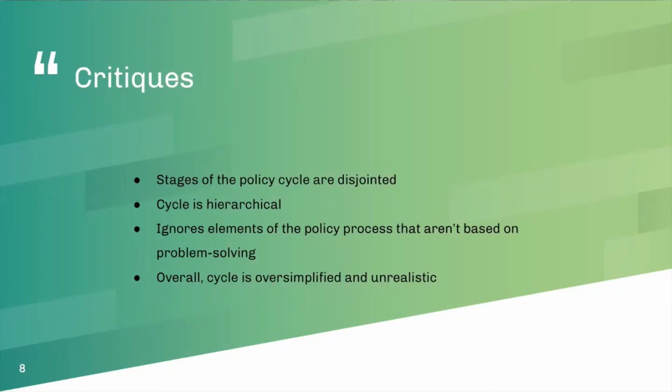It can ignore the role of knowledge, ideas, and learning as variables in each stage of the policy process. And overall, the critiques say that the cycle is oversimplified and unrealistic and makes policy making seem a lot more straightforward than it really is.